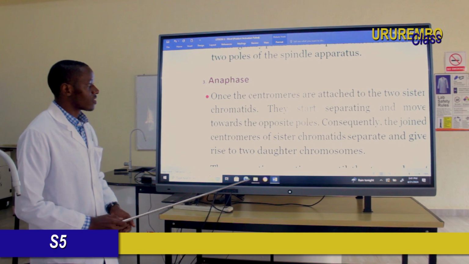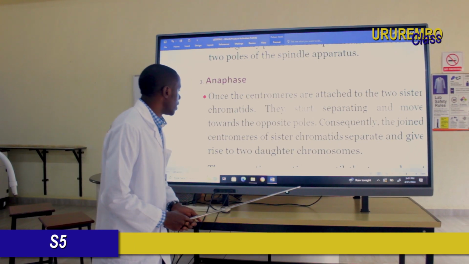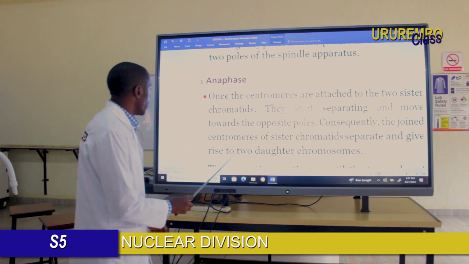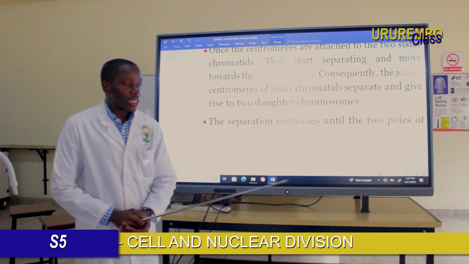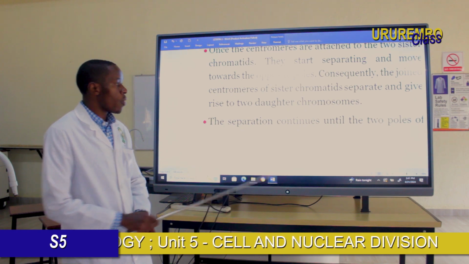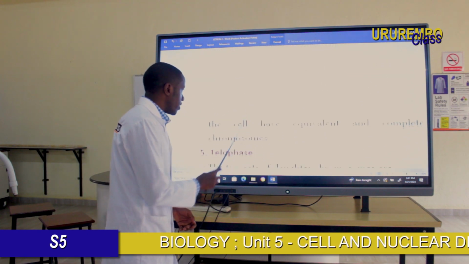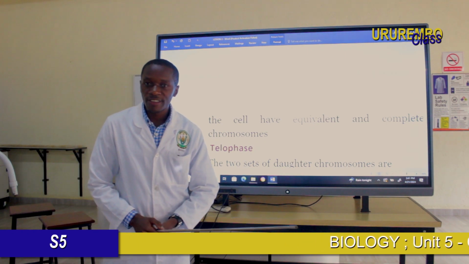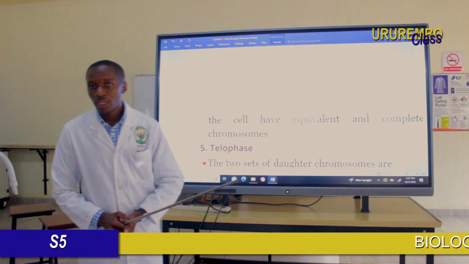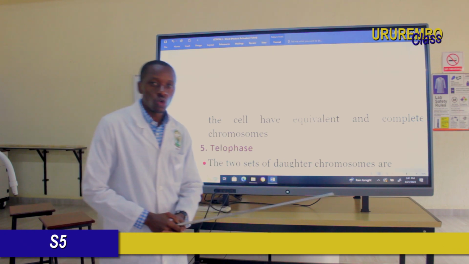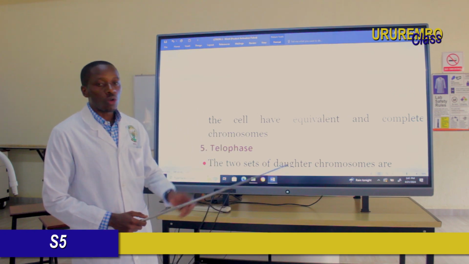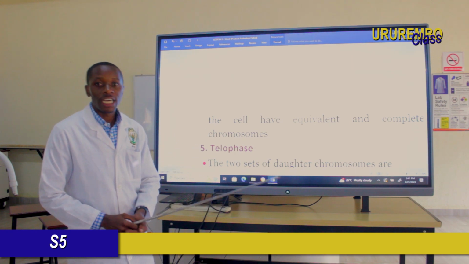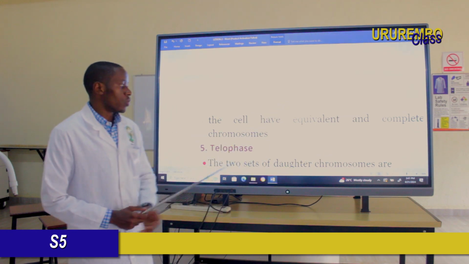Consequently, the sister chromatids separate and give rise to daughter chromosomes at the end, in the telophase. The separation continues until the two poles of the cell have an equivalent and complete set of chromosomes. Single chromosomes separate into two at the centromere to produce two chromatids that will form chromosomes later.